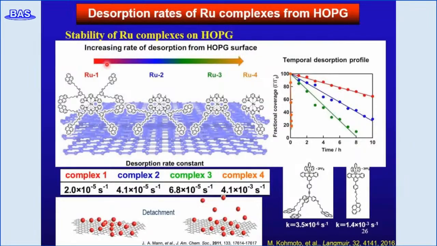Therefore, the complex is dissolved at a certain time, and here is the temporal desorption profile versus the time, which is monitored by CV current. And as you can see, as the number of the pyrene group increased, the desorption rate becomes slower.